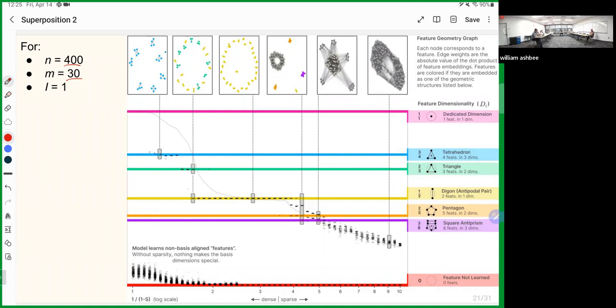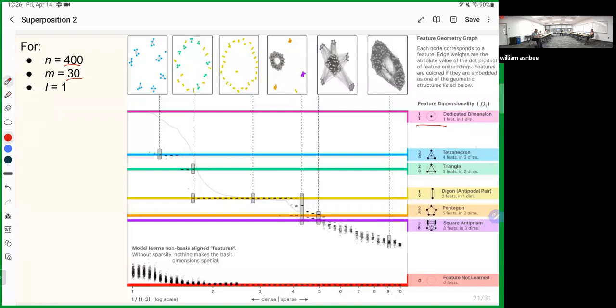So on this graph, we can see that depending on sparsity, the model enters different kinds of superposition, different states of superposition. In the least sparse example, each feature is represented by a single dimension, just like in the general case.